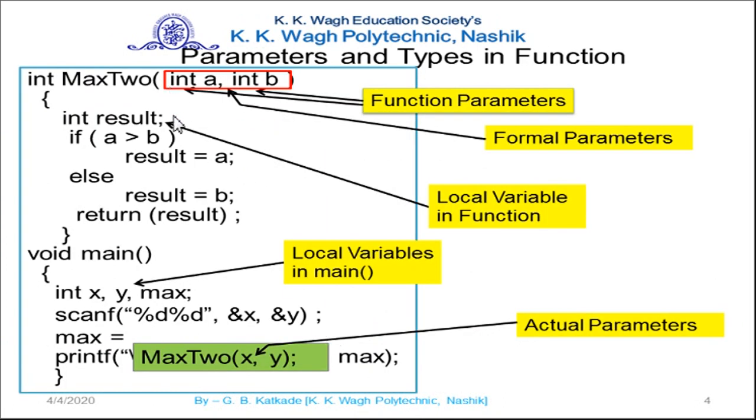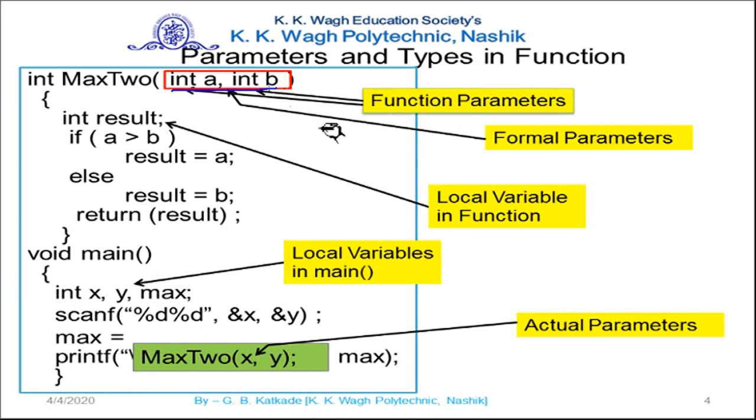As we see in the function declaration now, I have combined the function and the main function together. In the function max2, we have two parameters, integer a and integer b.